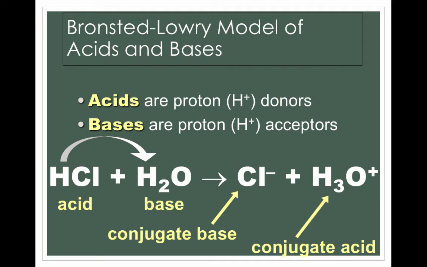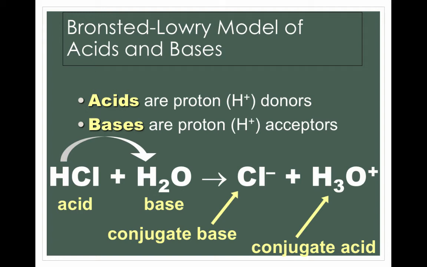In this situation, the chlorine ion on the product side is acting as a conjugate base because it can't be an acid, it doesn't have a hydrogen. And then the hydronium ion, which accepted that extra hydrogen or extra proton, is now acting as an acid because it has the ability to then donate the hydrogen back into the system.